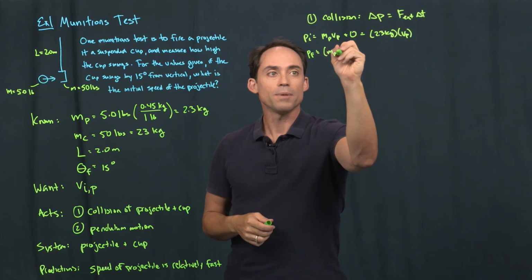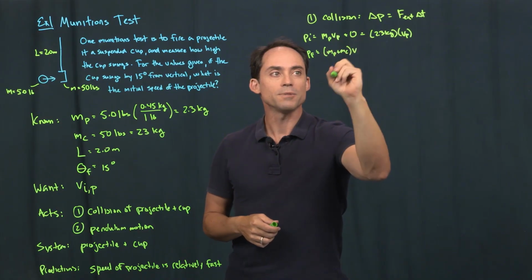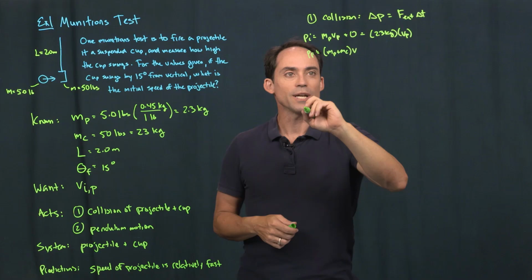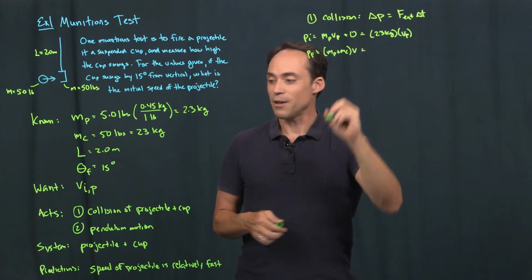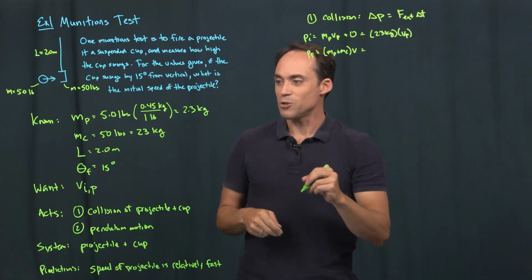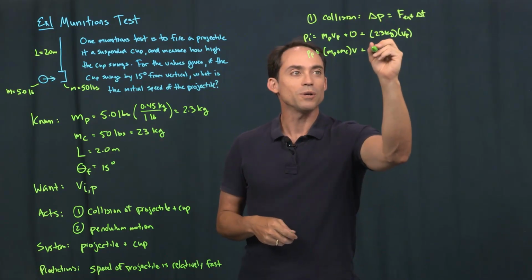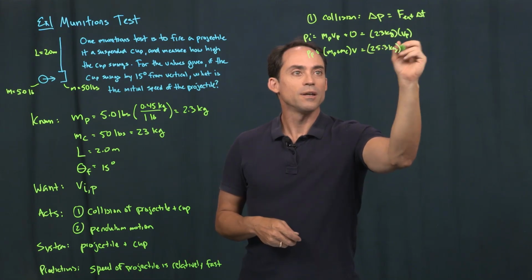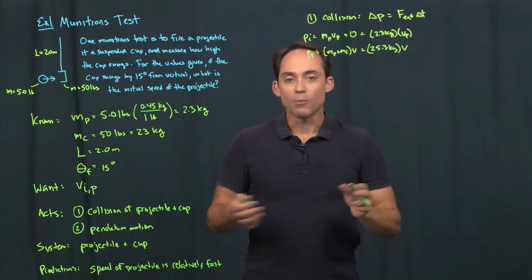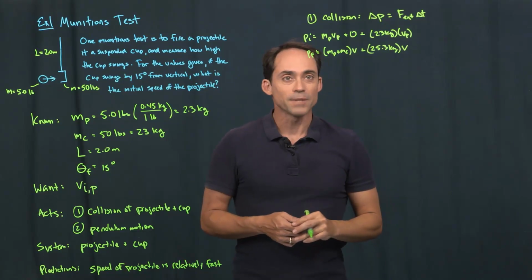So we'll write m_p plus m_cup times its combined speed, which I'll just call v for now. And again, we don't actually know this number. We can write down the masses. It's just 2.3 plus 23. So that's 25.3 kilograms times our final speed. But we don't have any other information to solve for that.